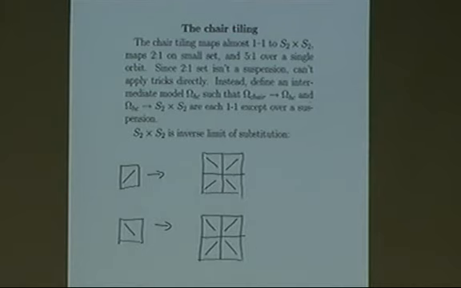It only maps almost everywhere 1-to-1, and it's got these spaces where it maps 2-to-1, and then 5-to-1 over a single orbit. And you want to say, can we figure out the difference between the cohomology of the chair and the cohomology of the dyadic solenoid in terms of the set where it's 2 to 1, in terms of the set where it's 5 to 1, and I wouldn't be bringing up this example if we couldn't do it.